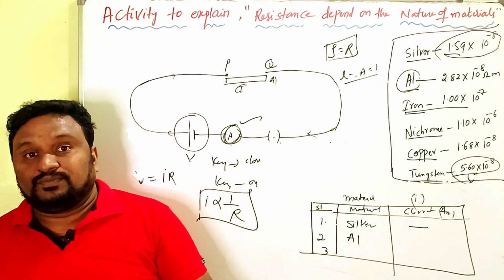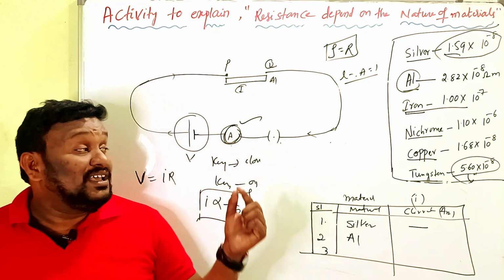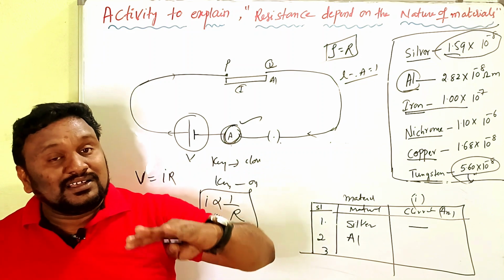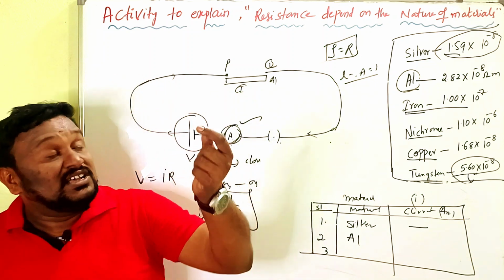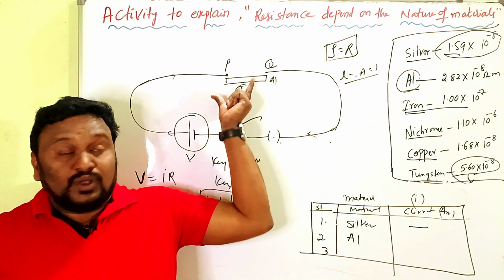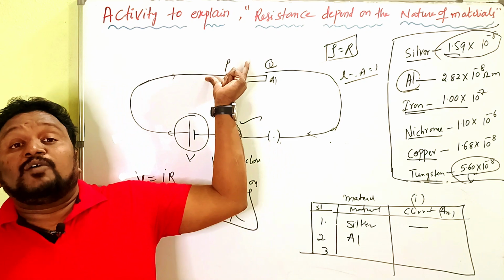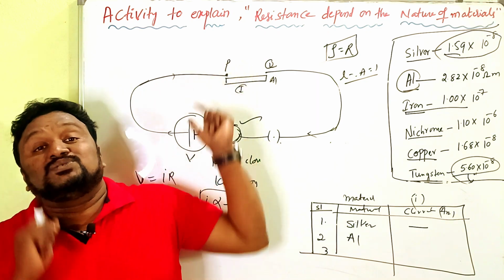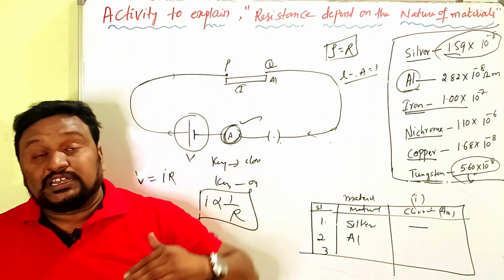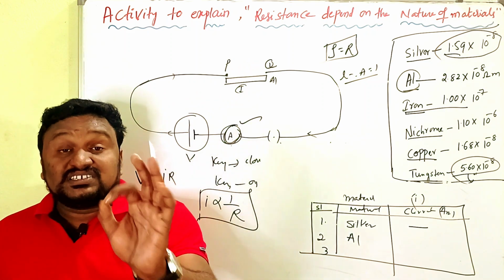That means when we change the wire, the reading shown by the ammeter also changes. If the ammeter shows more current, the resistance of the material we used is the least value. When the ammeter shows the least value, the resistance of the material is the maximum value.